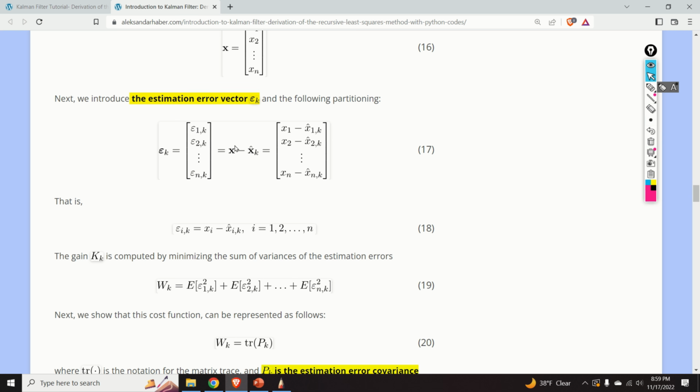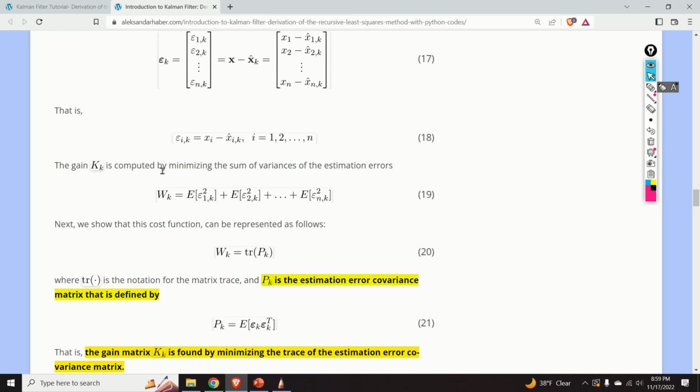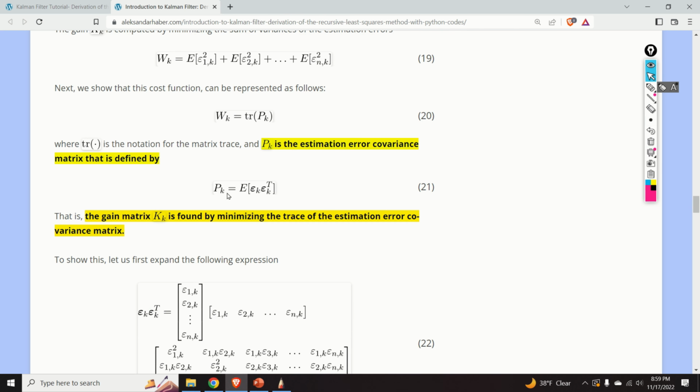We take our true state, subtract from it the estimate, and we obtain our error. Then, the covariance matrix of the estimation error is equal to the expectation of our estimation error times the estimation error transpose. This is the general idea for defining covariance matrices.